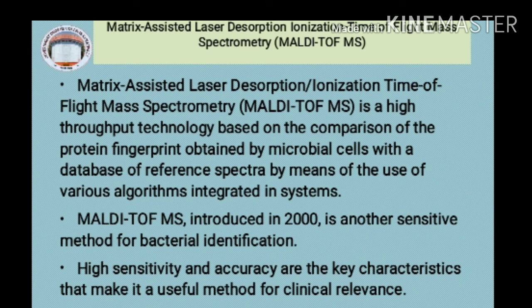Matrix assisted laser desorption ionization time of flight mass spectroscopy, MALDI-TOF-MS. This technique is used for diagnosis of bacterial diseases. It is a powerful technique.